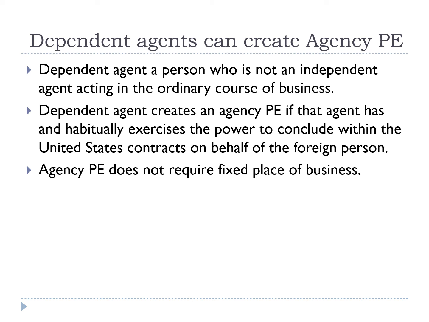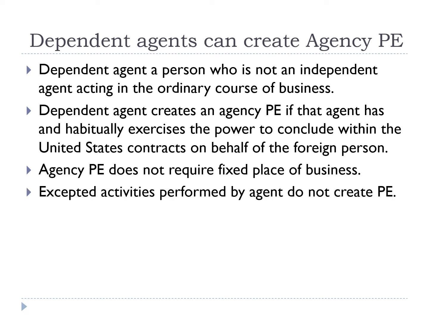This is a major exception to the general requirement for a PE. However, before an agency PE can exist, the activities of the dependent agent must be core business activities. Activities that would not create a PE in a fixed place of business, such as purchasing or warehousing activities, do not create an agency PE.